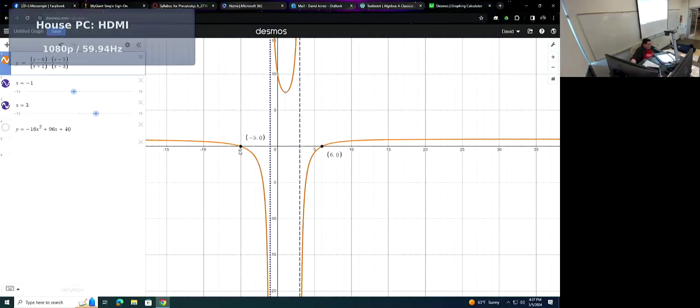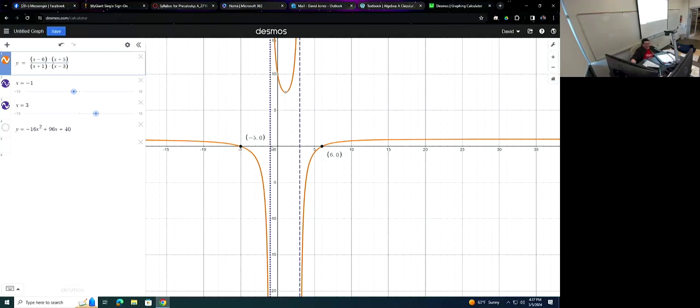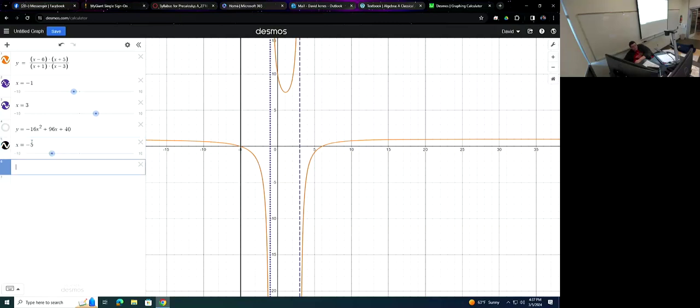So we had -5, we had -1, which is this purple dotted line. We had +3, which is this purple dotted line, and we had 6. Those are our regions. In fact, I will throw down lines for the other two. X equals 6.